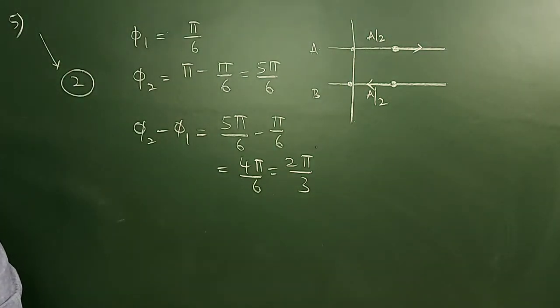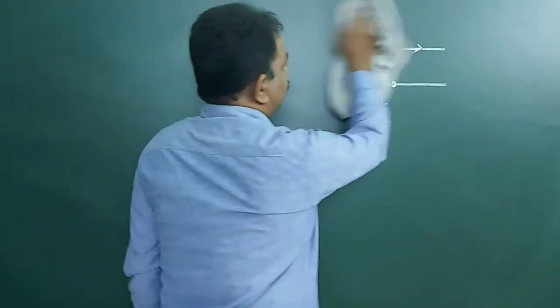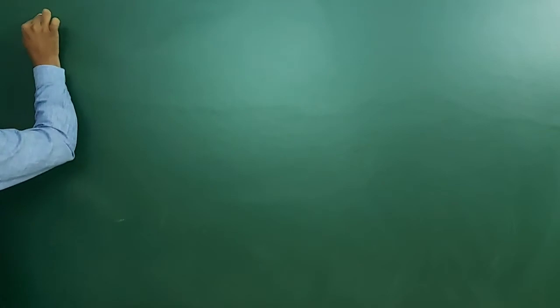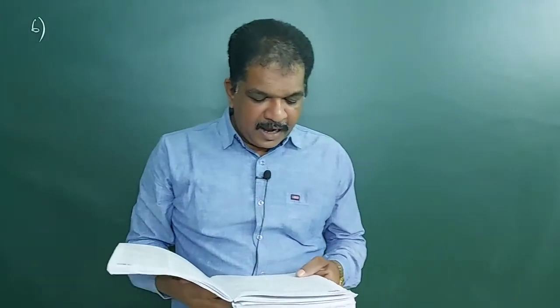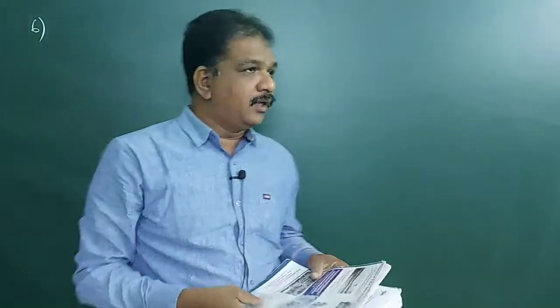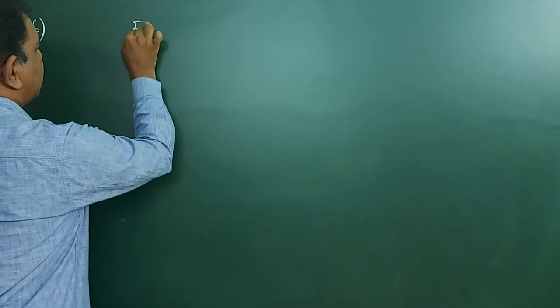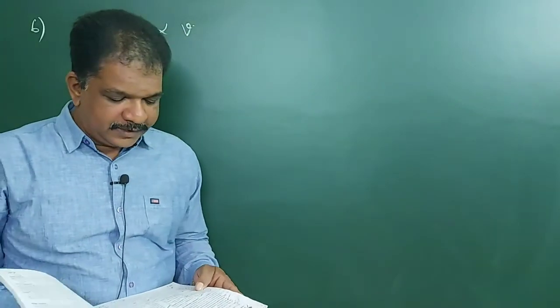Next, see the sixth question. What are they asking? The damping force of an oscillator is directly proportional to velocity. Then what are the units of the proportionality constant?